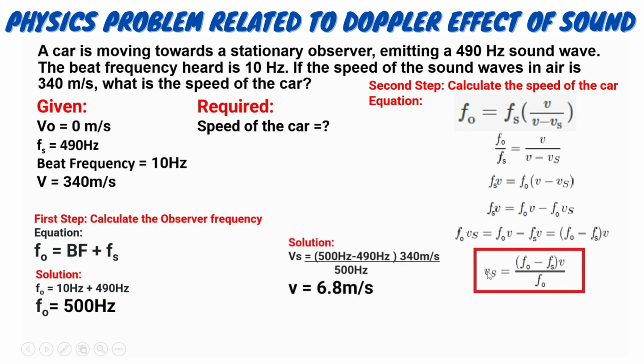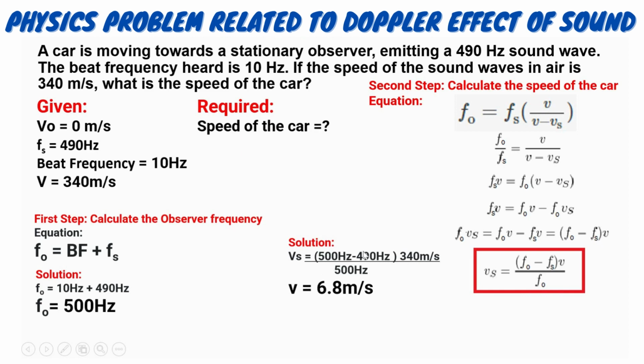Okay? So our last step is to substitute all the values. For Fo, we have here 500 Hertz. For Fs, we have 490. The value of our speed of sound in the problem is 340, and all over divided by the observer frequency, which is also 500.